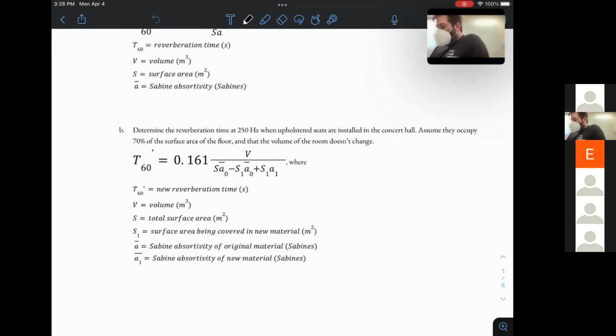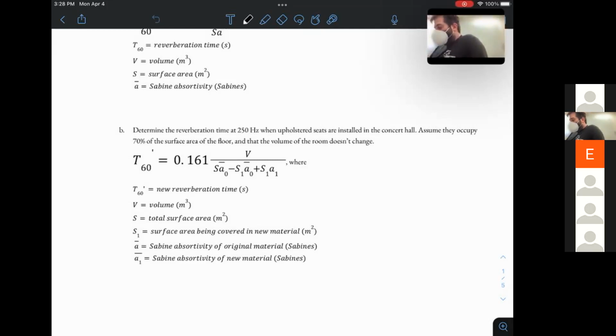Our volume hasn't changed at all. We've got S, the total surface area, which is the same as above. But now we've got S1, the surface area being covered in new material. So you need to find the surface area of the floor, which is pretty easy, and multiply that by 0.7, and that's going to get you that S1 number.